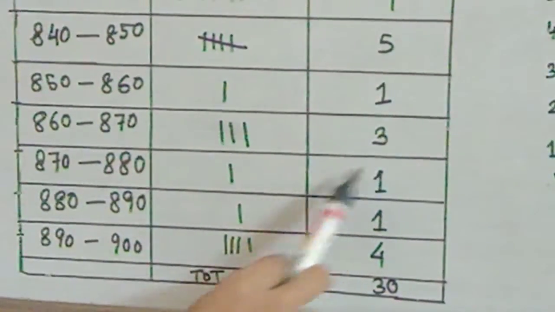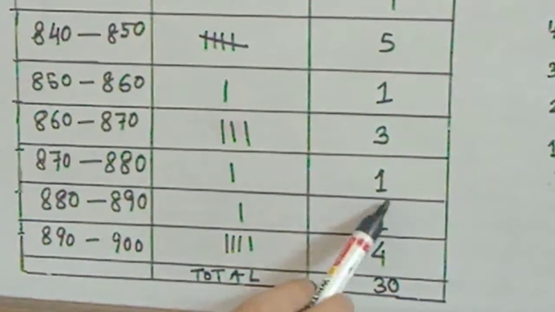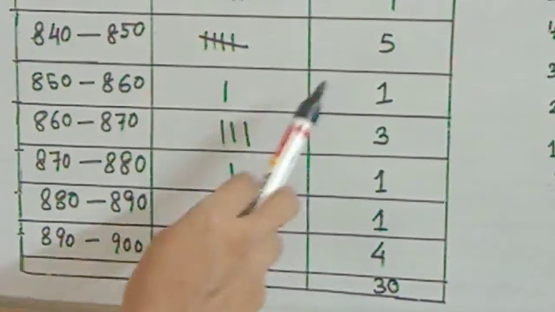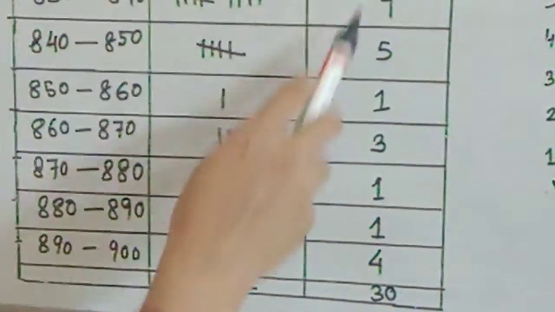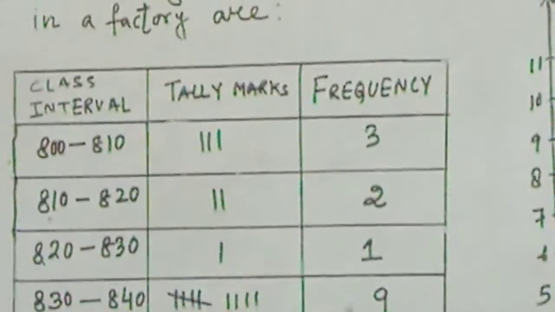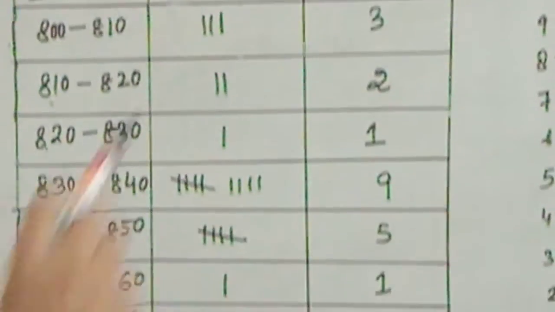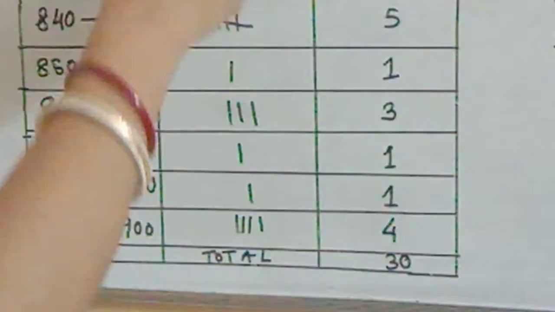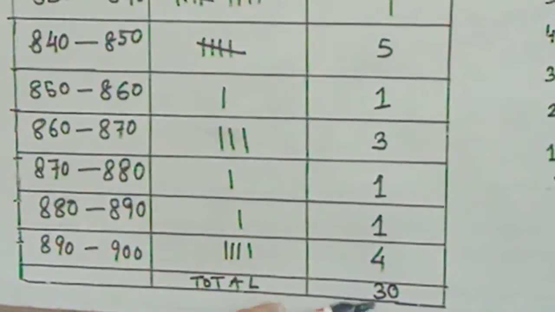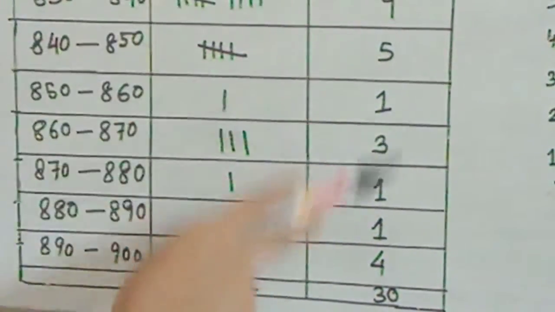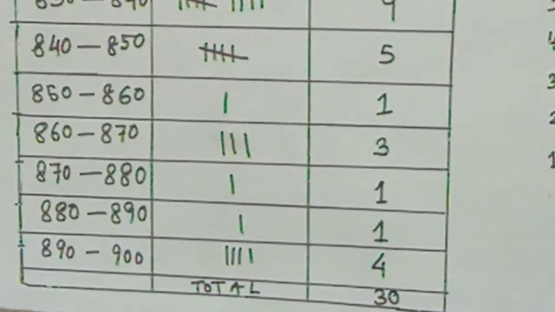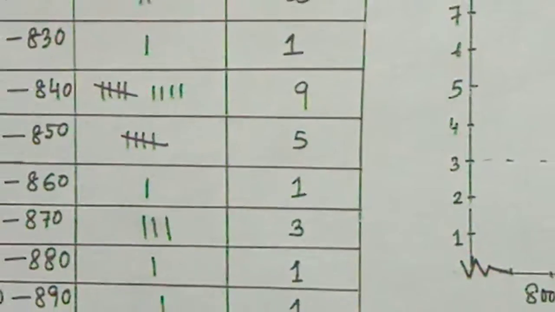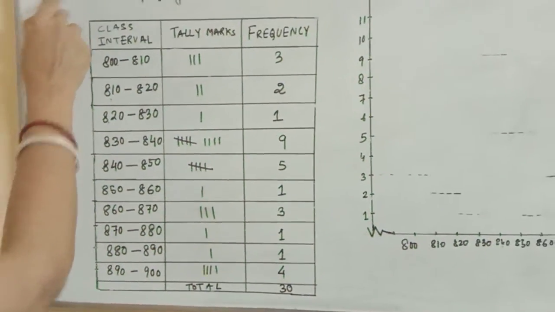So here I have seen 3, then 870 to 880, 880 to 890, and 890 to 900. Now you add all these frequencies and you will get 30. Already it is 30 workers, so the sum of the frequencies will also be 30. If it is not 30, there must be some problem, and you have to check again. So this is the frequency distribution table for question number 3.